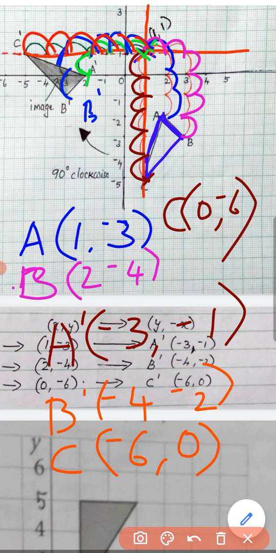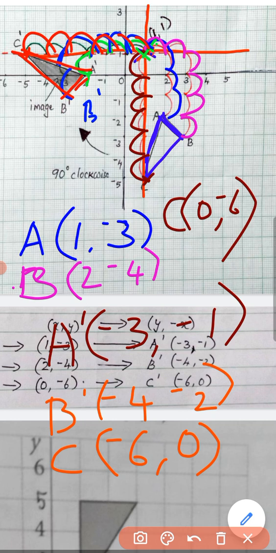And here y is 0. So this point is on x-axis. This is C dash. Okay. Now join these points. A dash B dash, A dash C dash, and C dash B dash. This is our image.